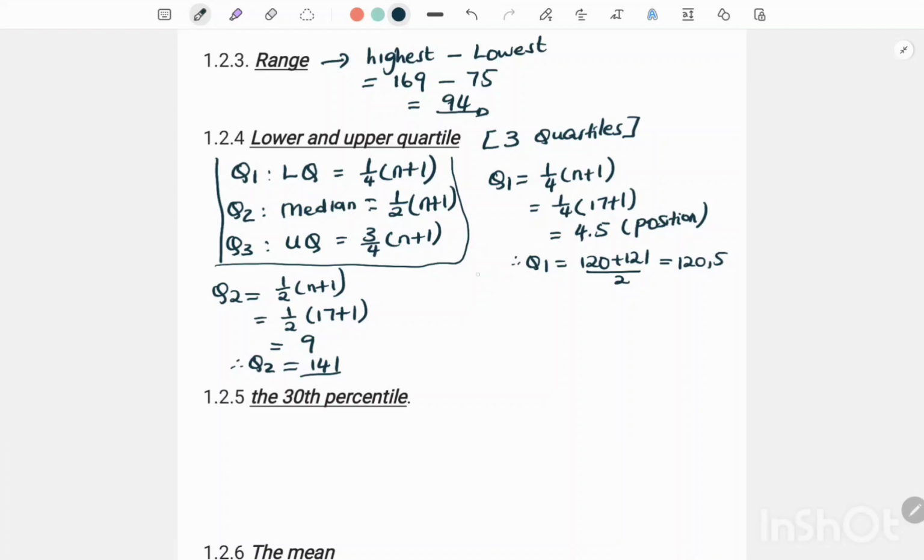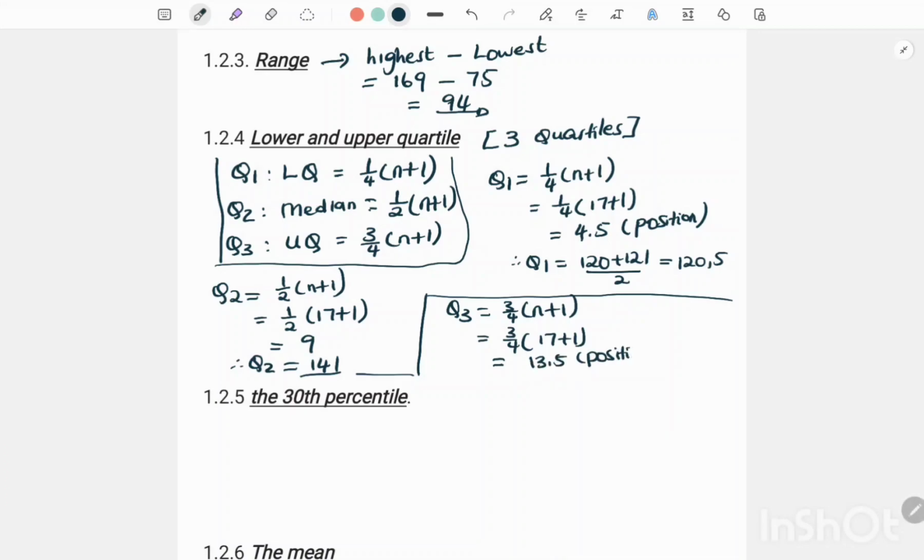Then lastly, we talk of Q3, which is 3 over 4 n plus 1. Then you see 3 over 4 times 17 plus 1, which is 13.5. Remember, this is your position.